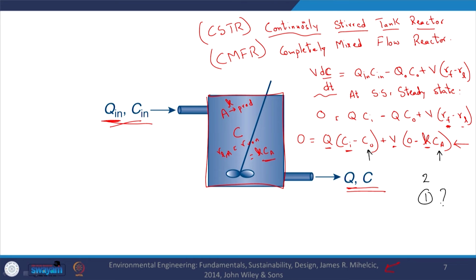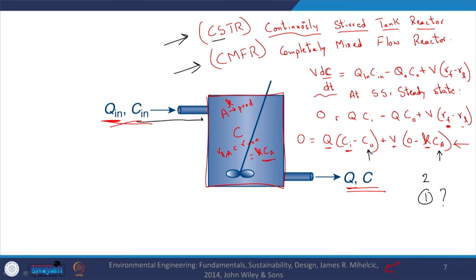The issue here is that if you understand the system, it is continuously stirred or completely mixed. So, the concentration of the compound within the system is always the same at all locations. And what does that mean?